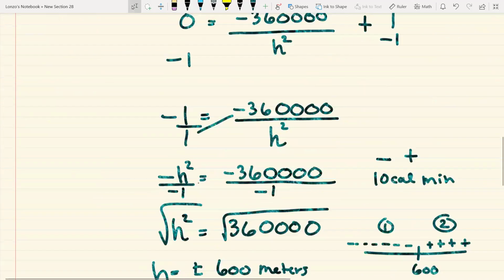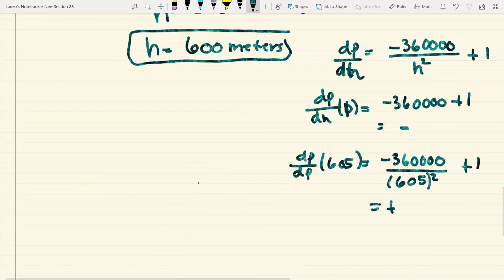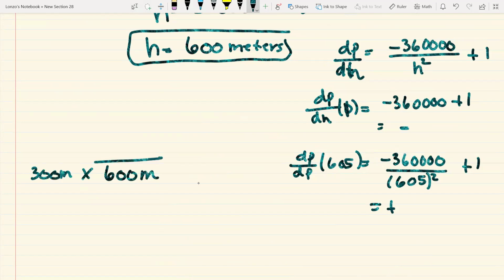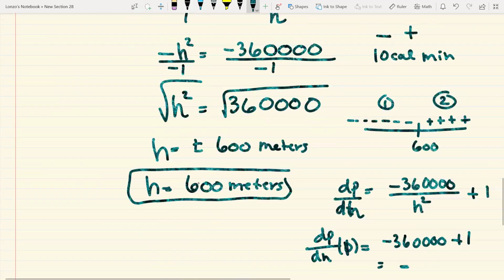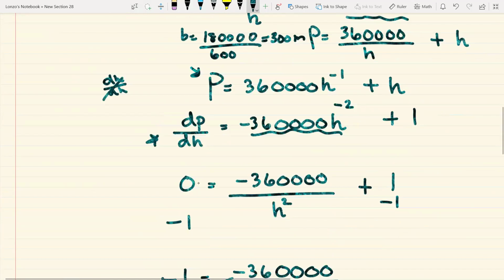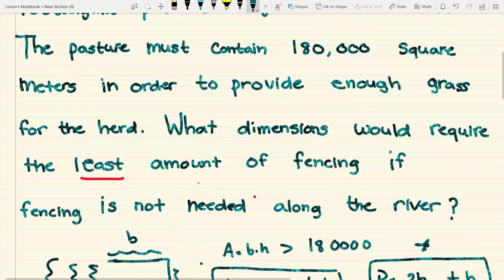Okay, so our dimensions will be 300 meters by 600 meters. Okay, so that would be our dimensions. So that wraps it up for this optimization problem. This is example 4.